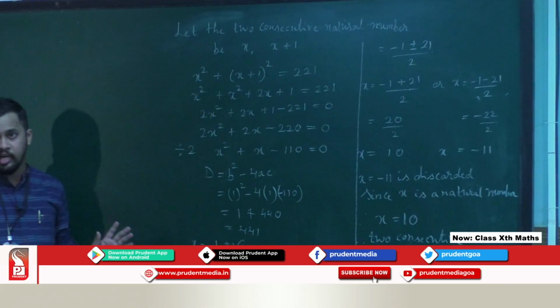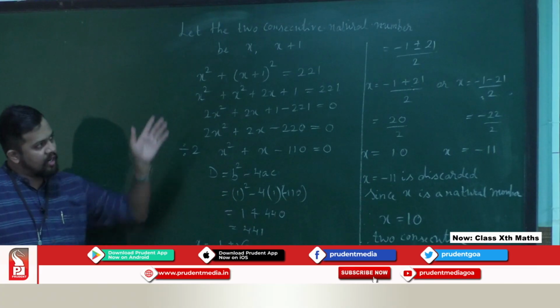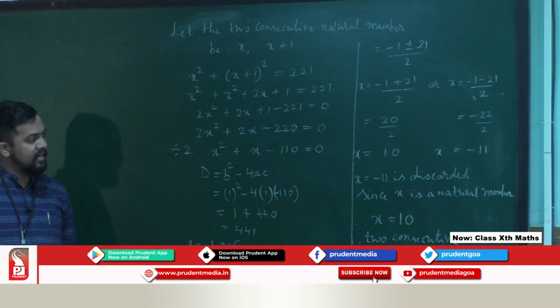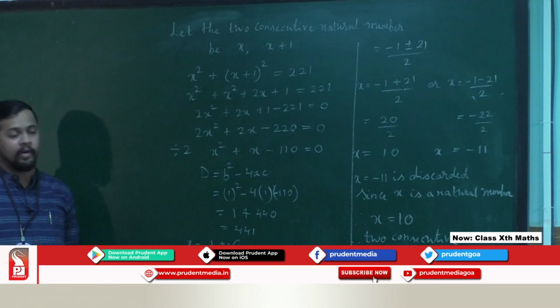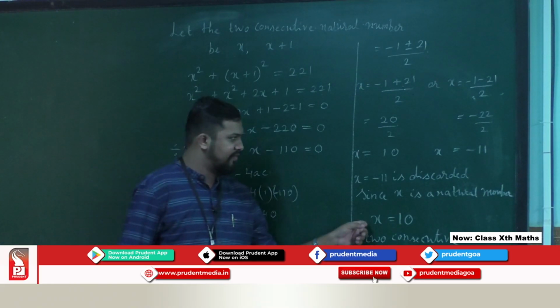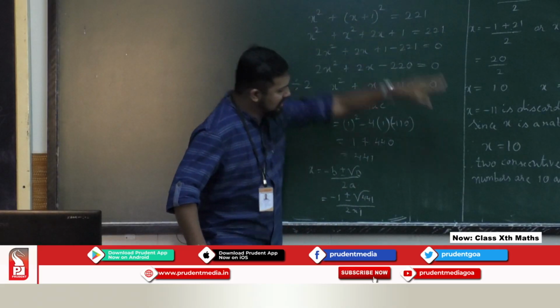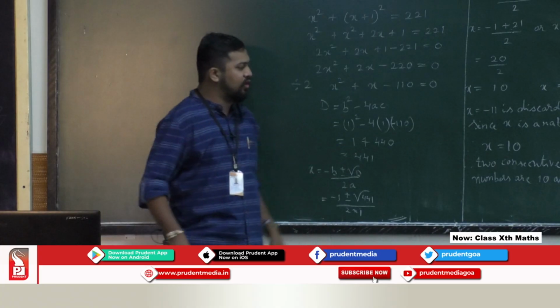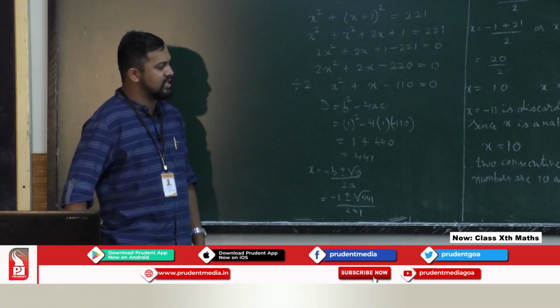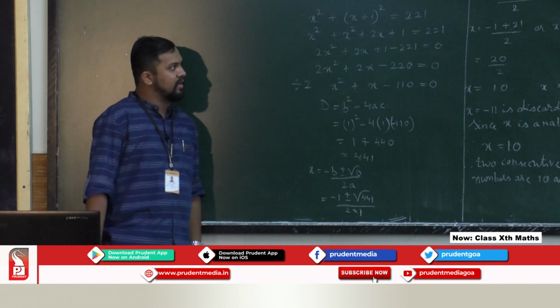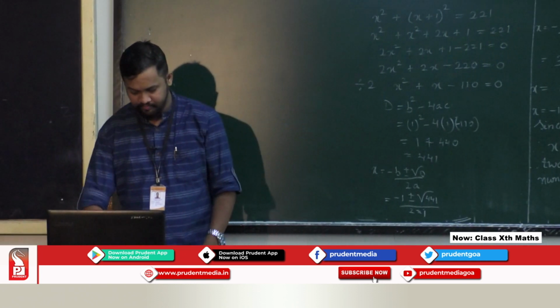One of them is negative, so you have to discard it because it's a natural number. So x equal to minus 11 is discarded since x is a natural number, and therefore the value of x is 10. The last statement, what was unknown, now became known to us. So therefore the two consecutive natural numbers are 10 and 11. I hope you are clear with this first problem. So let us move to the second problem.